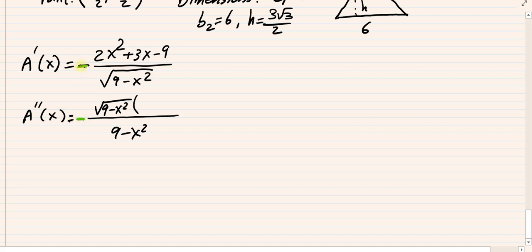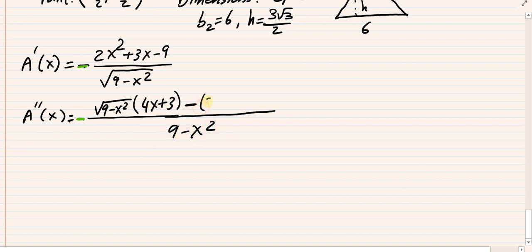So we're going to keep that negative on the outside. And the derivative of the numerator is going to be 4x plus 3, of course, and then minus, that's because of the quotient rule, right, minus the numerator, which is 2x squared plus 3x minus 9, times the derivative of the denominator, which is going to be negative 2x, chain rule inside, divided by 2 root 9 minus x squared.